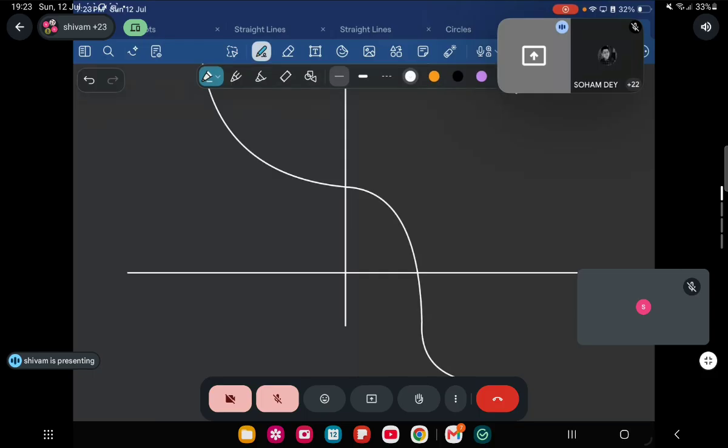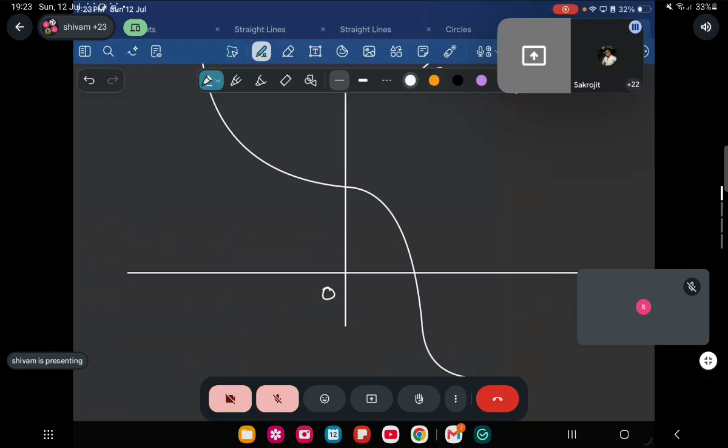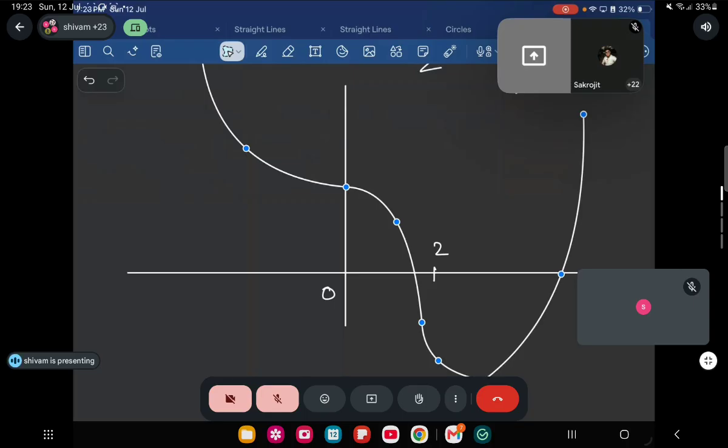So, at x equal to 2, wait, did I change the concavity? The concavity changes at x equal to 2. So, this is the point x equal to 0. There is 2 comma minus 6 and the concavity changes, and at 3 comma minus 17 the graph has a minimum. The graph will go up, right? 3 comma minus 17 is the point of minimum, so after that the graph will go up. Yes. This is how the graph should look like.